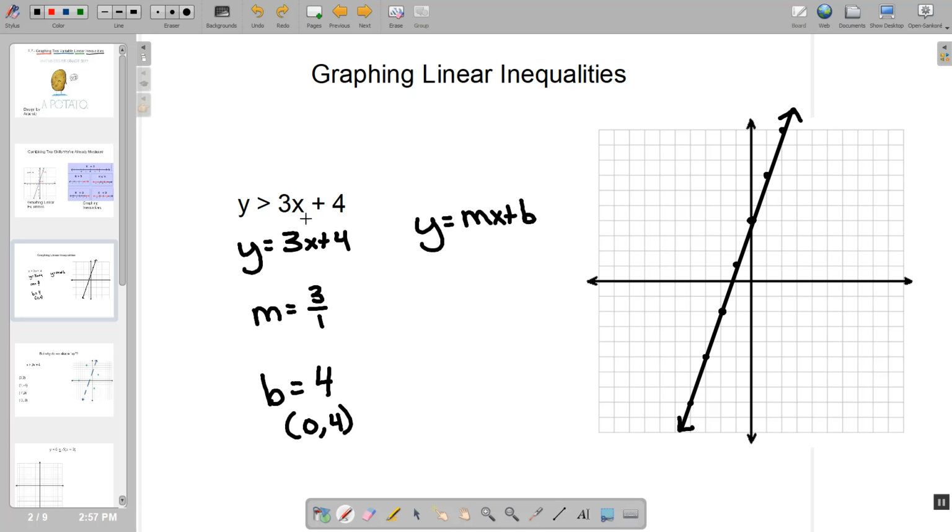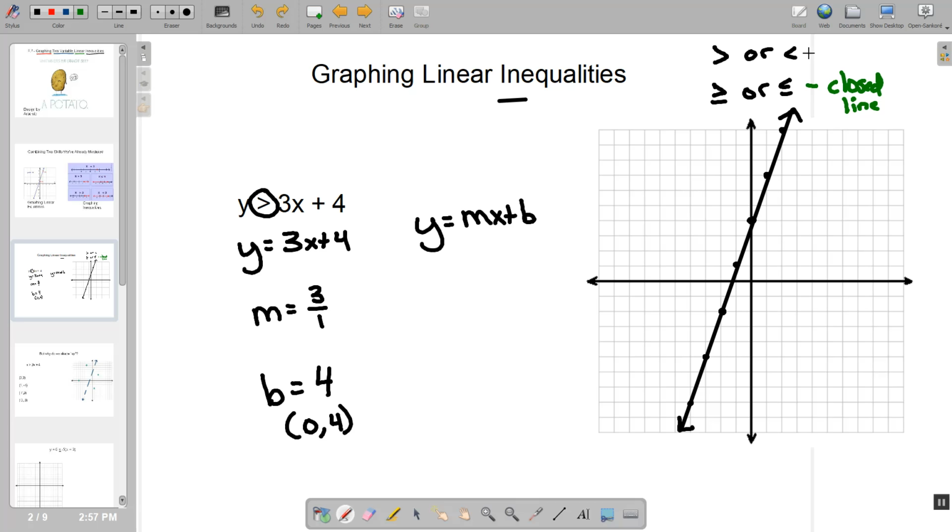Now, we have to graph it as an inequality, which means y is greater than. So if we remember, greater than or less than was an open circle before. And greater than or equal to or less than or equal to was a closed circle before. Well, now it's going to be a closed line.